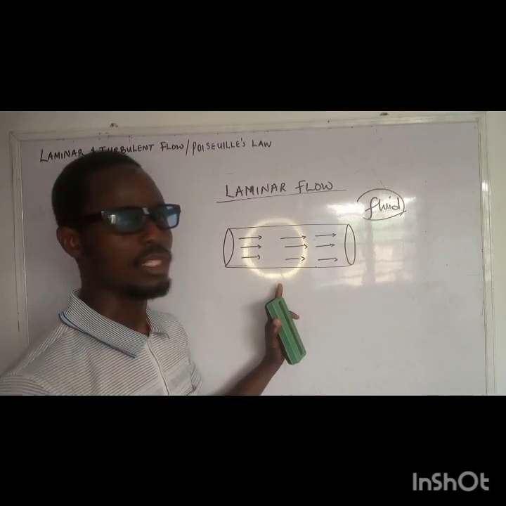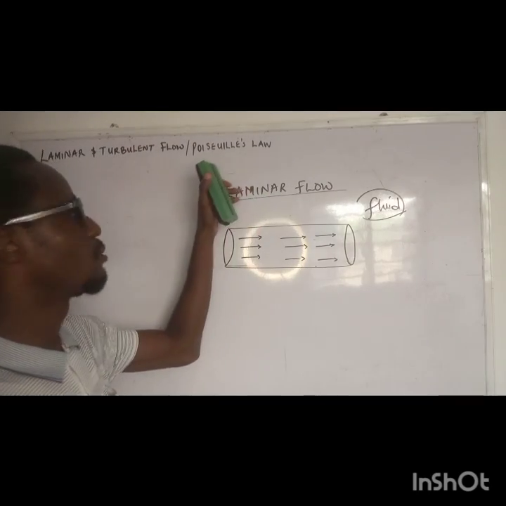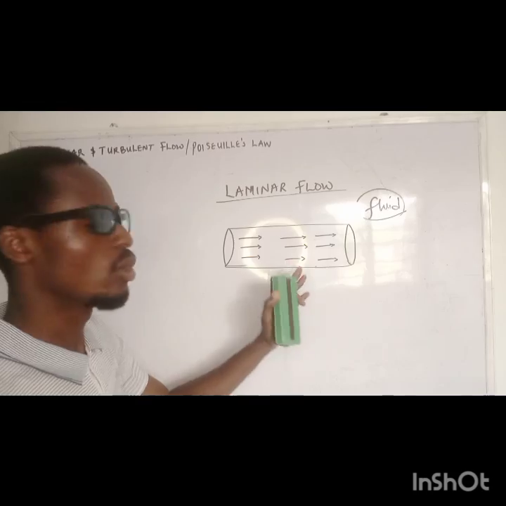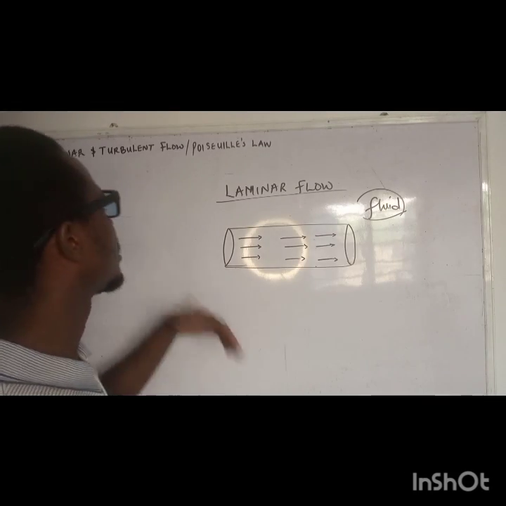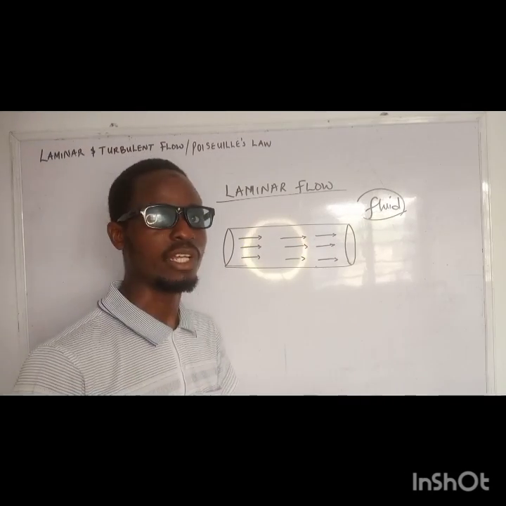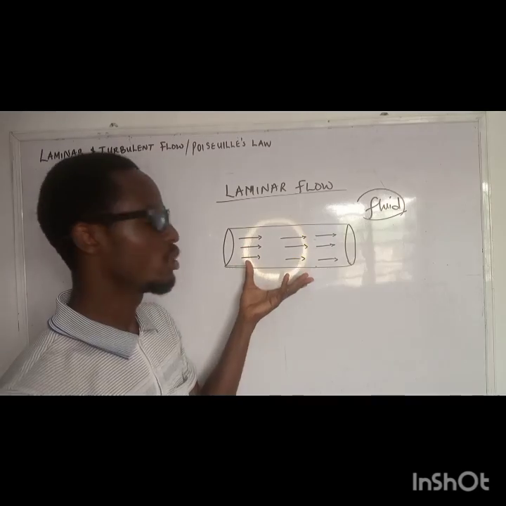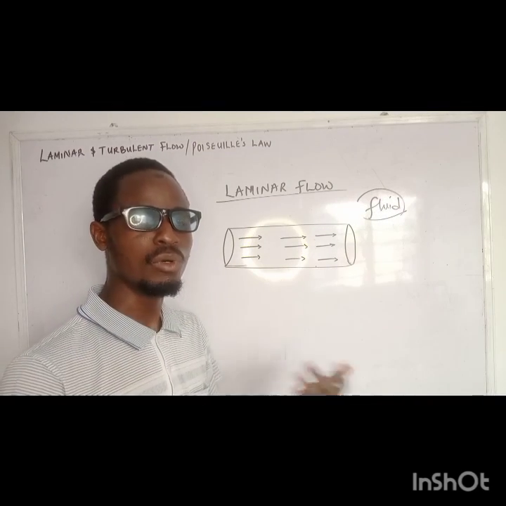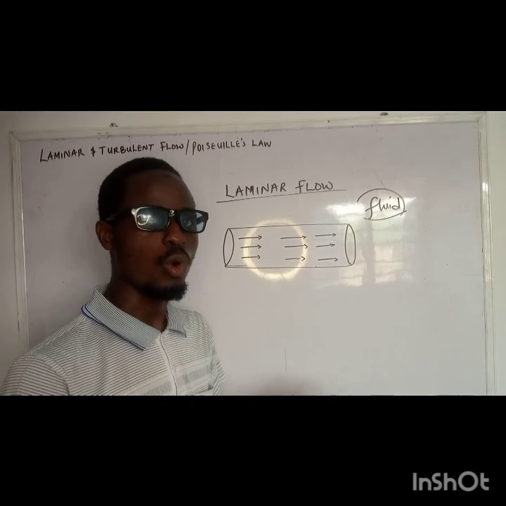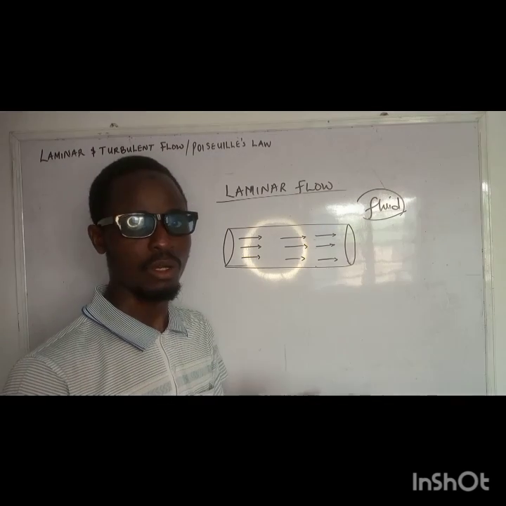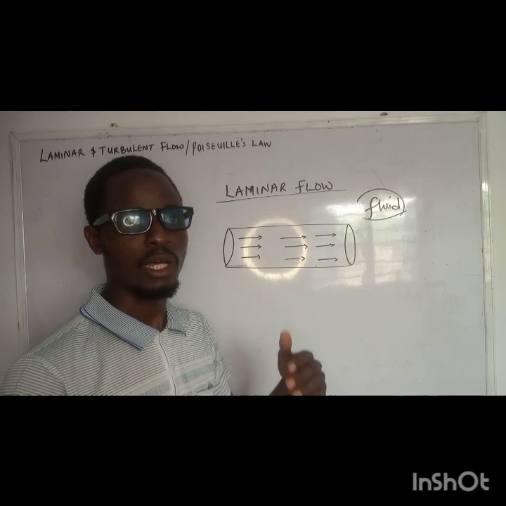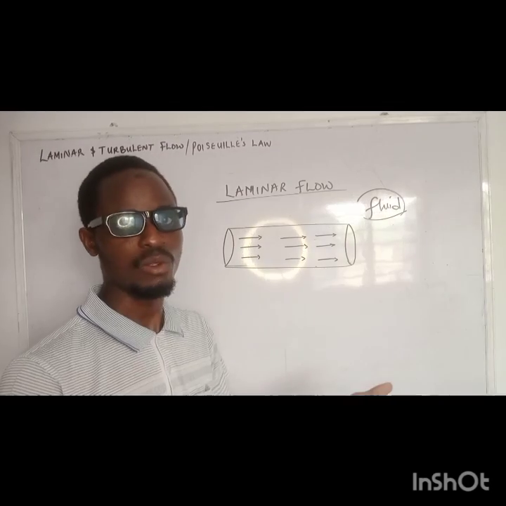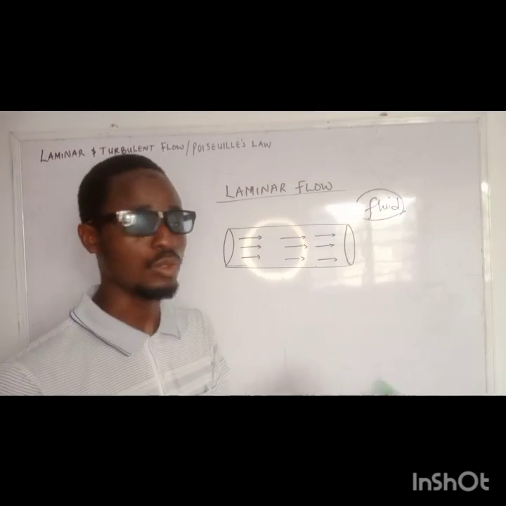We are going to talk about Poiseuille's equation or law after we finish exhausting what laminar flow and turbulent flow are. So if someone asks you about laminar flow, you just tell them it is the flow of fluid through a pipe with uniform velocity, and the direction is also uniform.